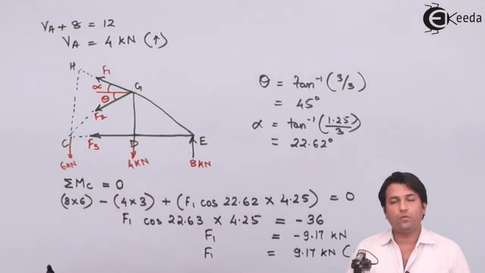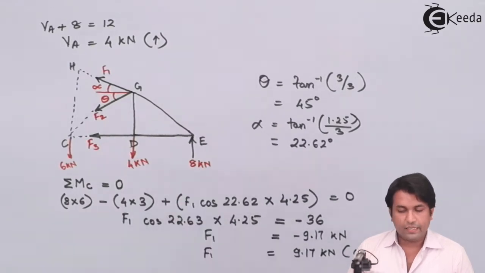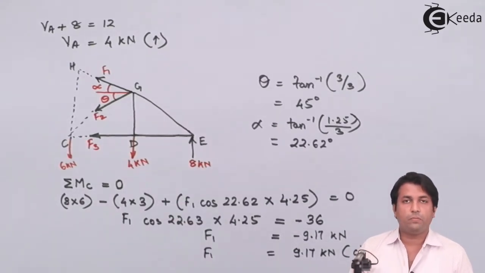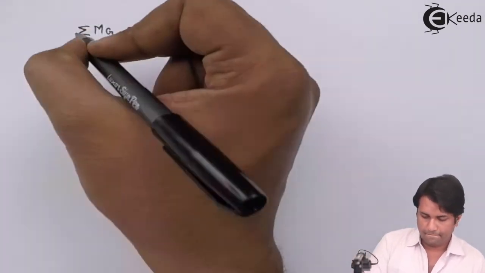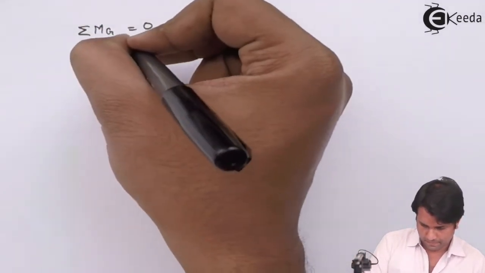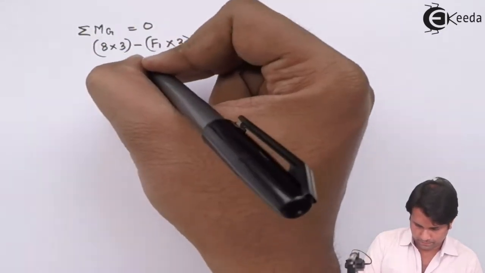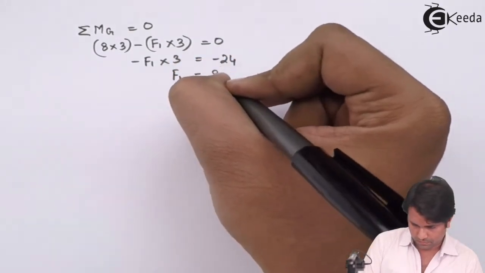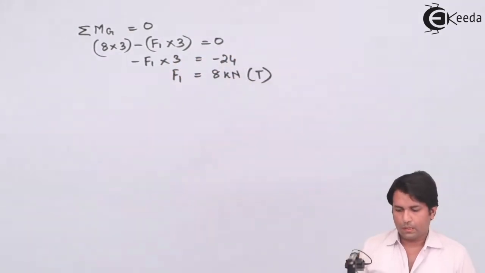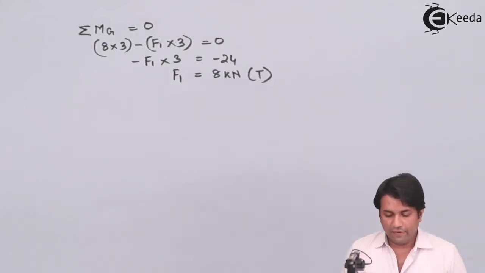This 3 kilonewton force is making a clockwise moment, whereas the 8 kilonewton force is going to make anti-clockwise moment. Now, I can see that the force is coming out as positive, that is 8 kilonewtons.